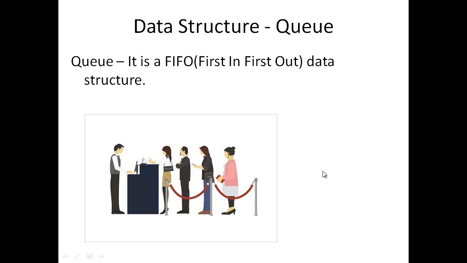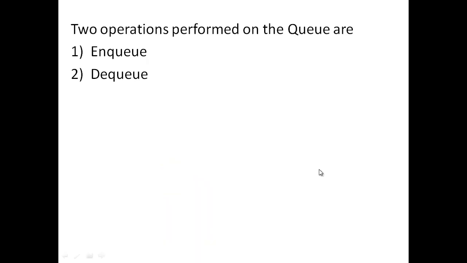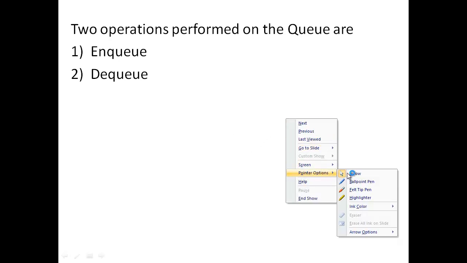Now what are the operations that you can perform on a queue? The 2 operations that you can perform on a queue are called enqueue and dequeue. Now what does enqueue mean? Enqueue is if you want to add an element. So insertion is enqueue. This is to insert an element into the queue. And what does dequeue mean? Dequeue means deletion.